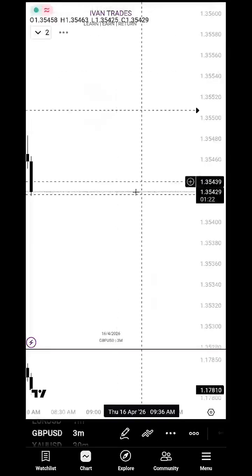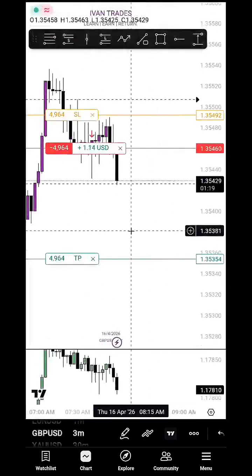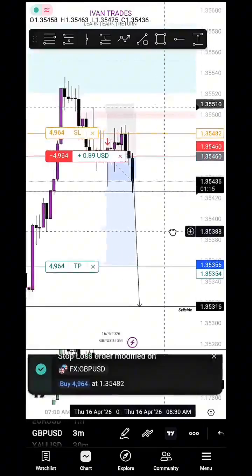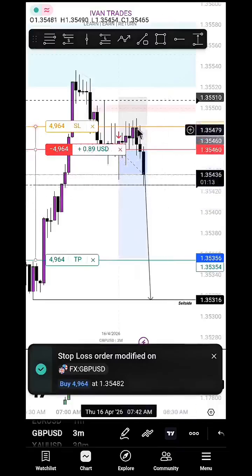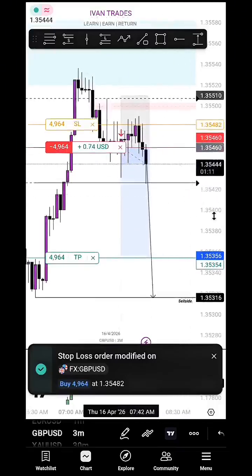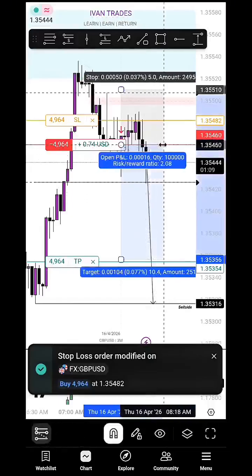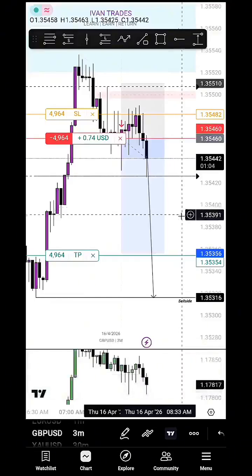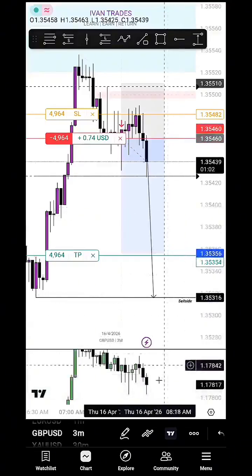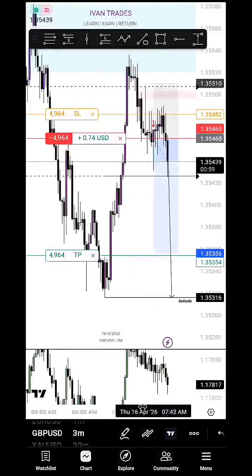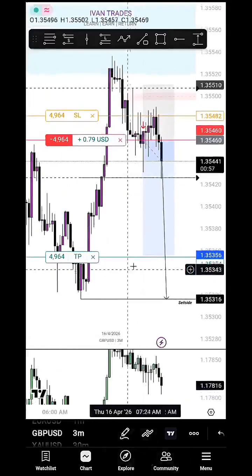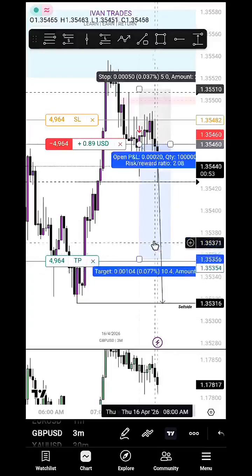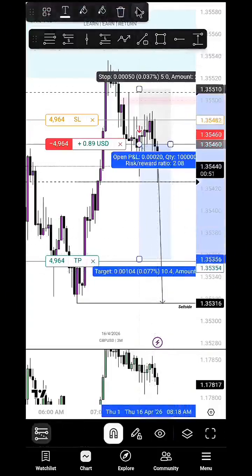I can't go break even just yet because these spreads are just huge, but I should be at break even right now. So let's see, the alert just pinged again.